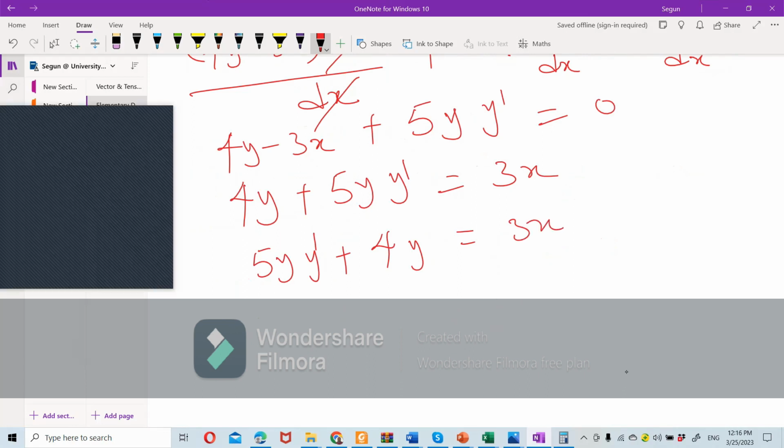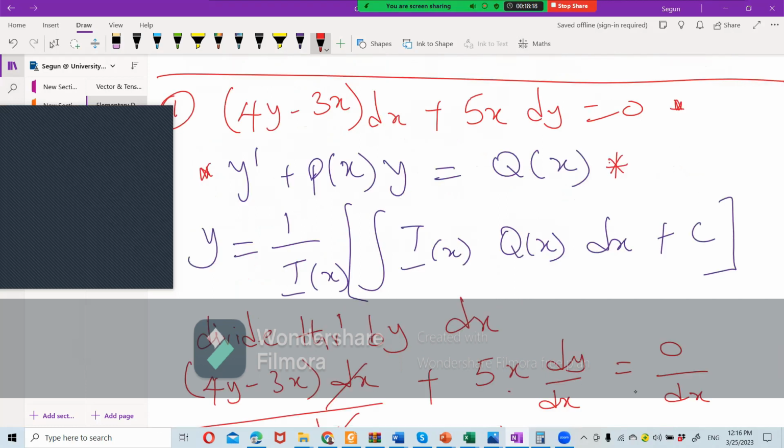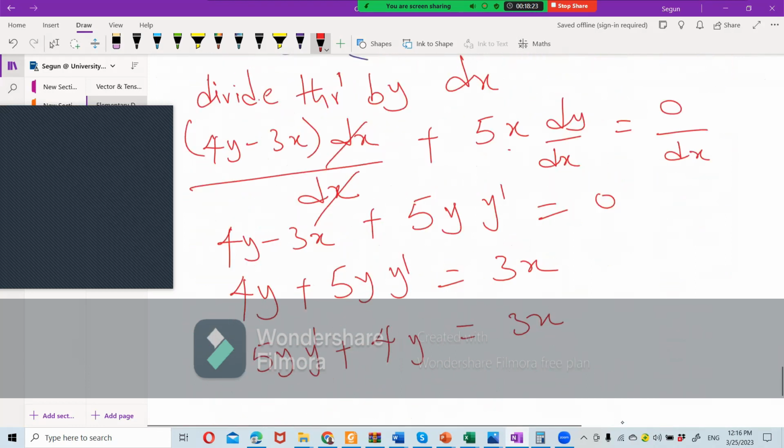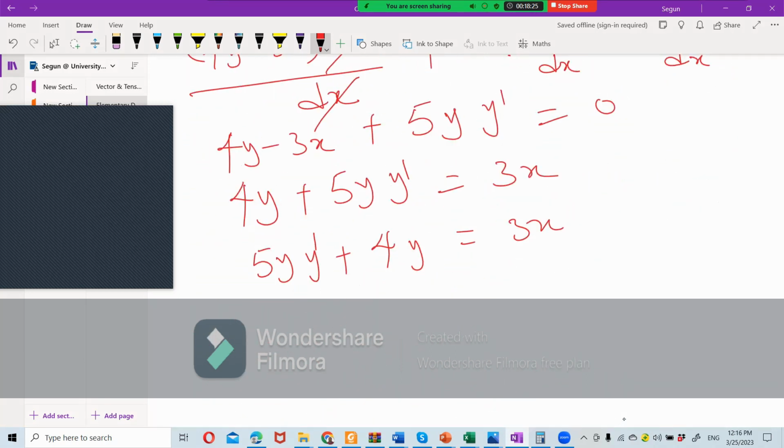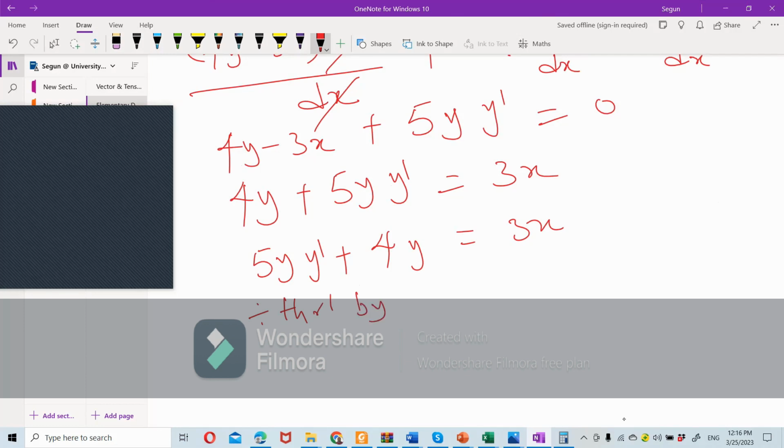Remember, according to the general equation, our y prime must be alone. So how do I make my y prime to be alone? At this point, the y prime is still carrying the coefficient 5x. So what I need to do is divide again, divide through by 5x.